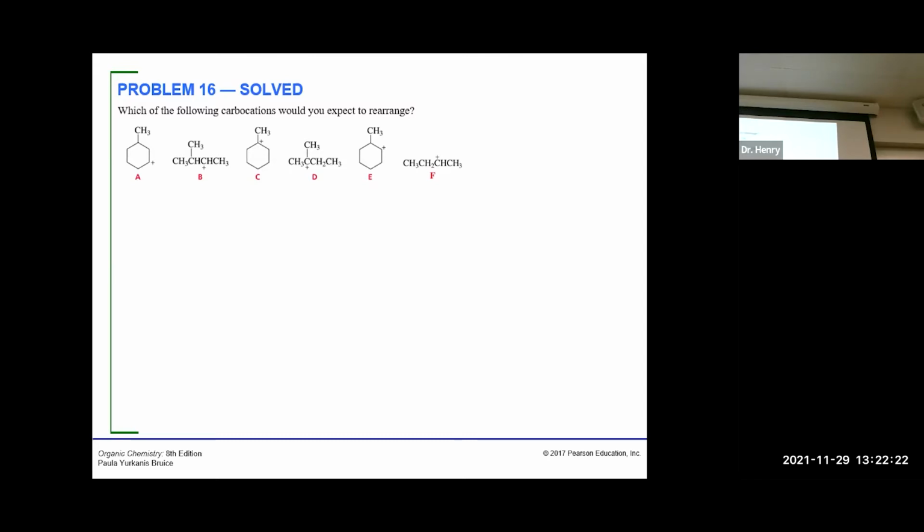So it's a secondary. So do we expect this to go through rearrangement? Okay. Why not?